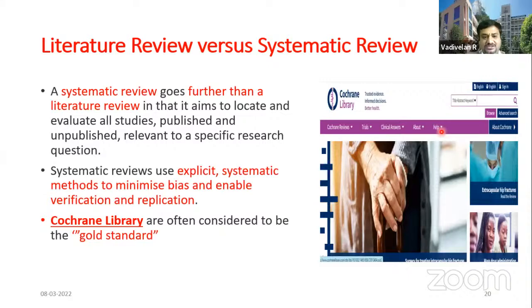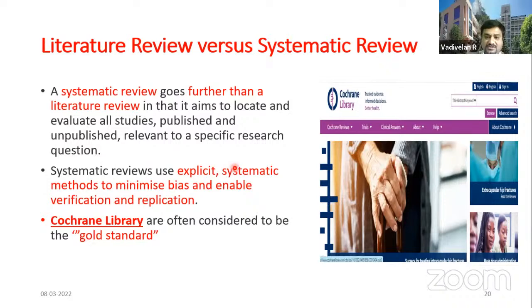As I told you, what is the difference between a literature review and a systematic review? The systematic review goes one step further than the literature review, and it aims to locate and evaluate all studies, published and unpublished, relevant to a specific research question. It uses explicit systematic methods to minimize bias and enable verification and replication.